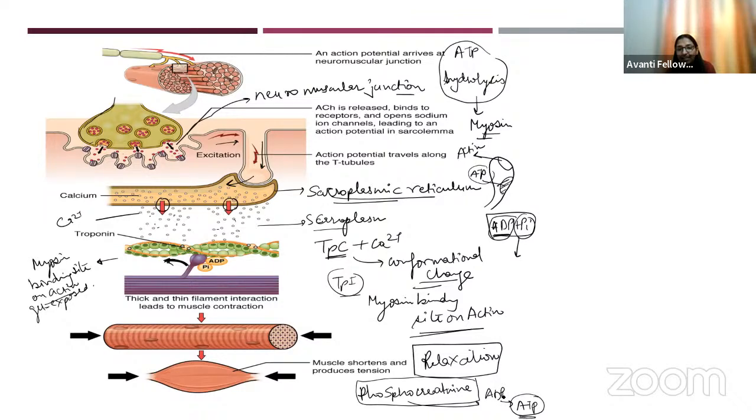Okay, now the ATP has regenerated. Now this ATP will bind to the myosin head again, which is attached to the actin filament. Once this ATP binds again to the myosin head, the myosin head will get detached from the actin filament.